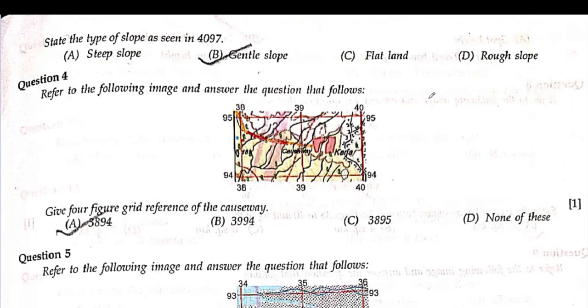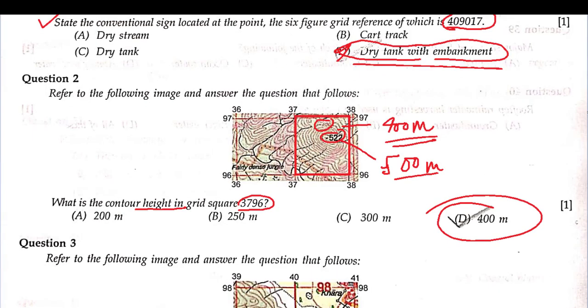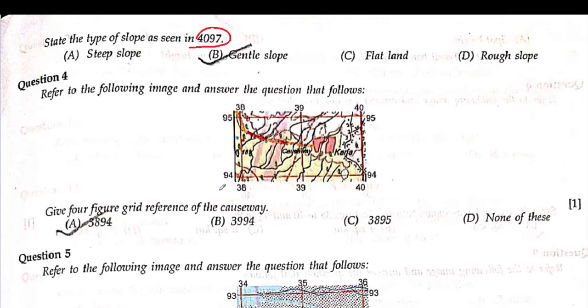Next question. State the type of slope as seen in 4097. So in 4097, what type of slope can you see? In this area, what type of slope is there? The options are steep slope, gentle slope, flatland and rough slope.